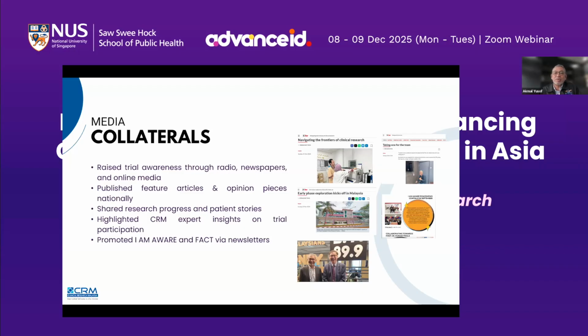Of course, some of the things that we do are published in the newspaper to make sure that the general public understands clinical research, with these articles and opinion pieces helping towards a better option, or at least something we can highlight in terms of trial participation in the country.